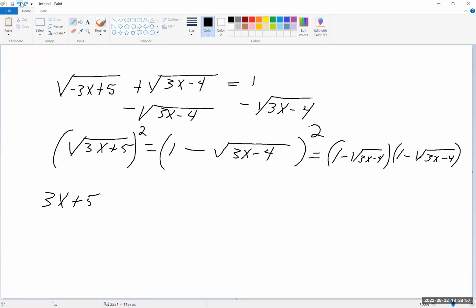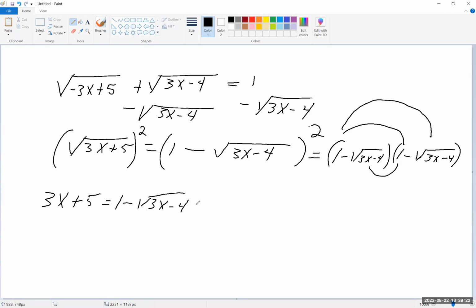So I have to FOIL. So that's first: 1 times 1 is 1. Outer is 1 times negative root 3x minus 4, so it's minus root 3x minus 4.